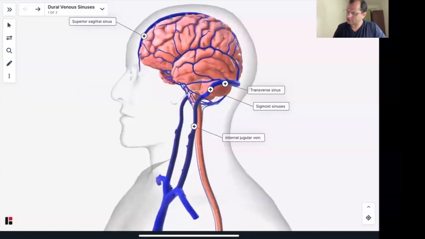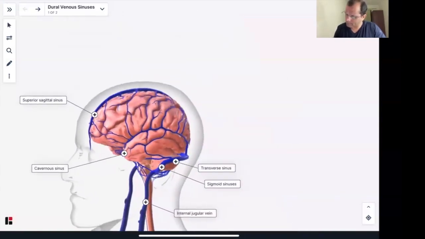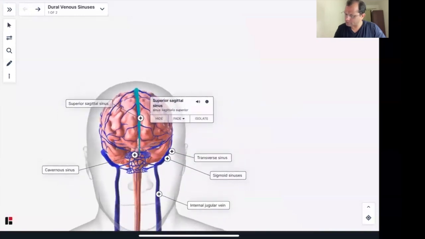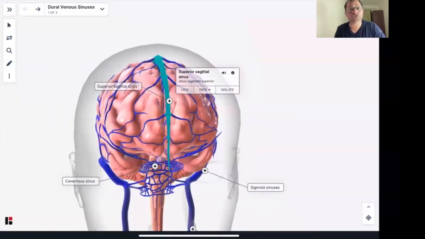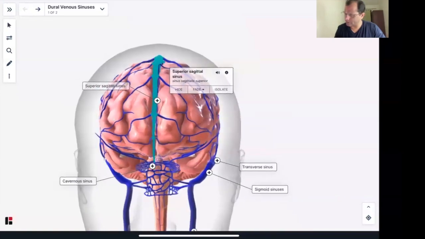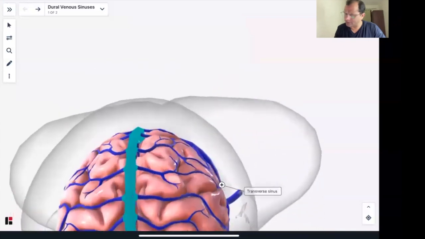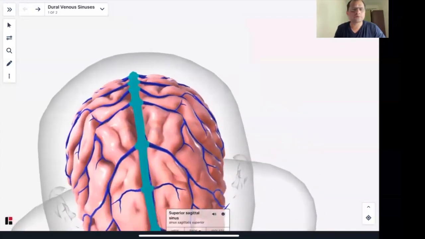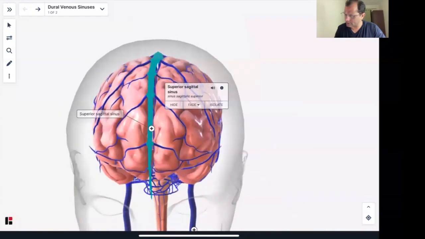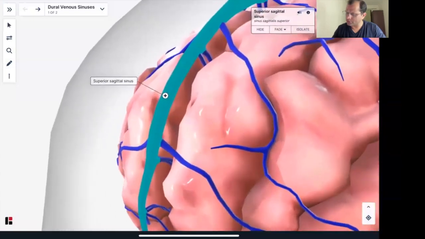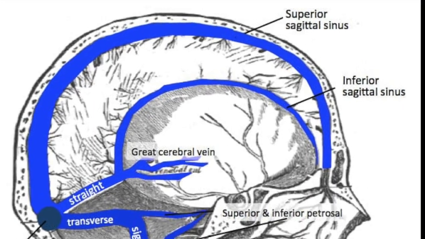If you see this, we can see how the pipeline is located in the uppermost part of the brain, and it's going exactly in the center. In acupuncture, we call it the du meridian. Just below the du meridian, we have this entire pipeline, and the name of this pipeline is superior sagittal sinus.